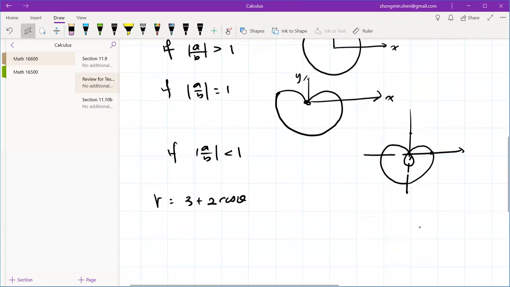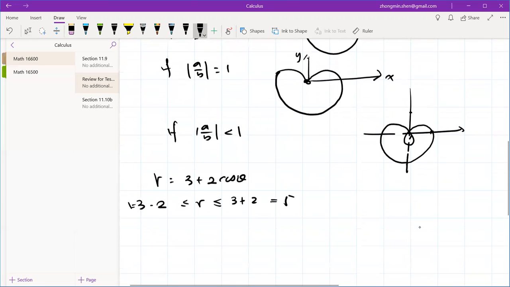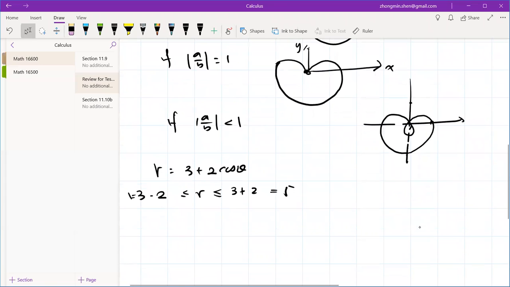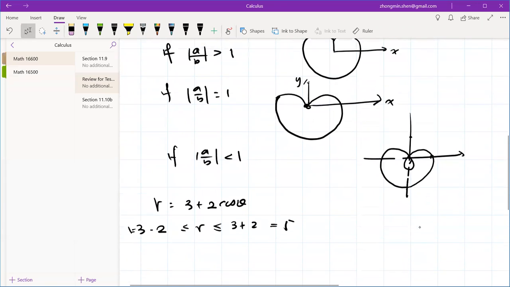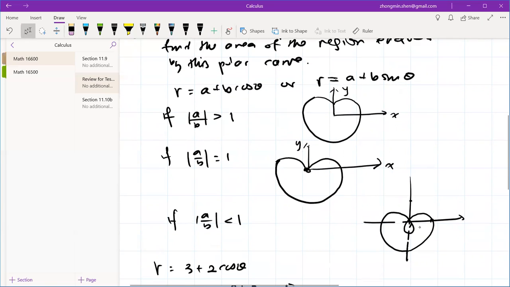Notice that the largest possible value for r is going to be 3 plus 2, which is 5. The smallest value is going to be 1. So r is always between 1 and 5, and the picture will be like the first one.